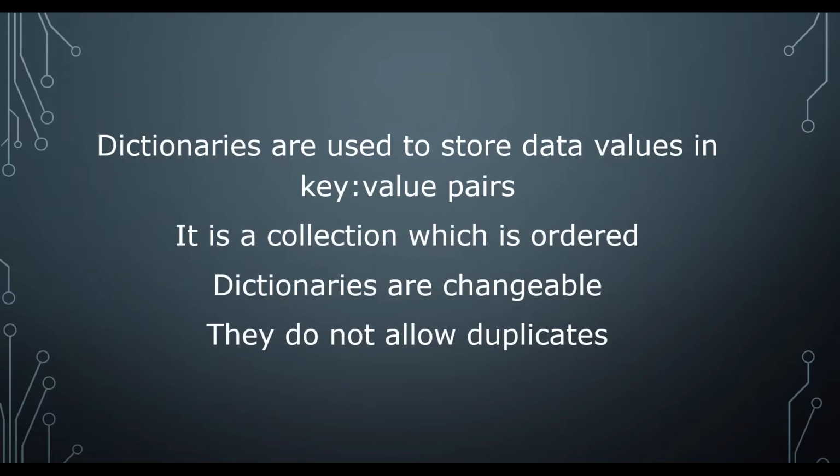Dictionaries are used to store data values in key, comma, value pairs. It is a collection which is ordered and changeable, but it does not allow duplicates. As we have said, lists allow duplicates in your program, but it is not the case for the dictionaries.